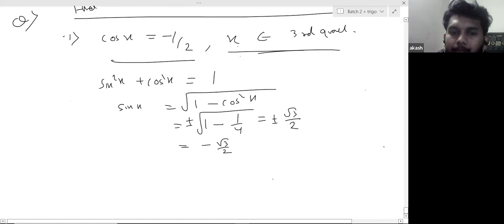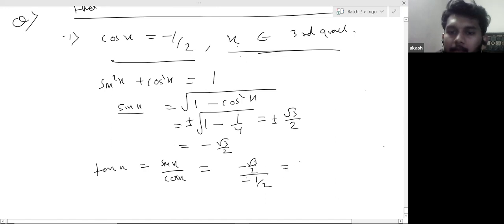All right, so now you got sin x and cos x. So we can write tan x as sin x upon cos x, so minus root 3 by 2 and minus half. So this is root 3. Now cot x is 1 upon tan x, so 1 upon root 3.